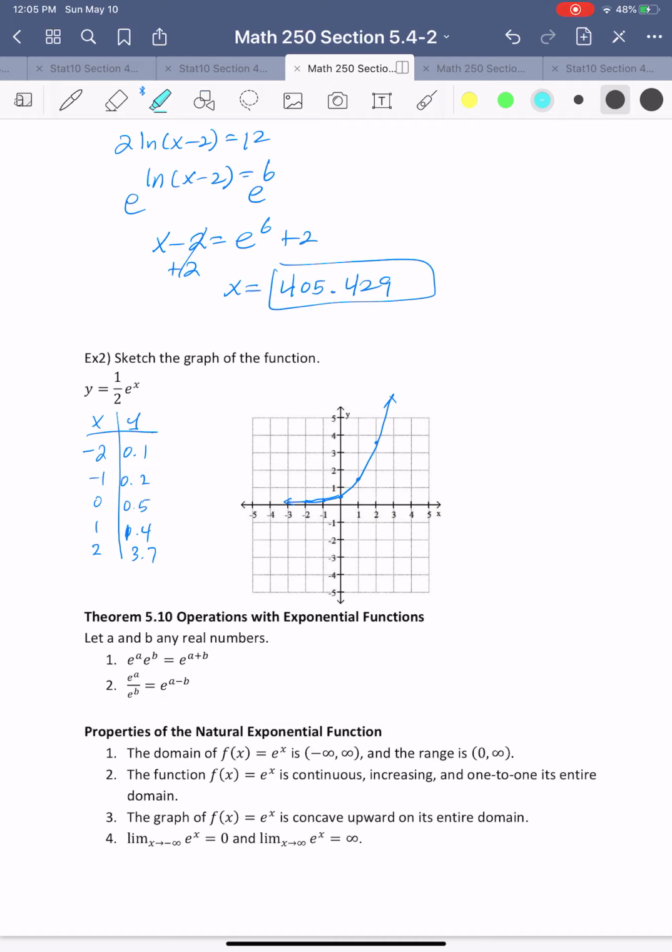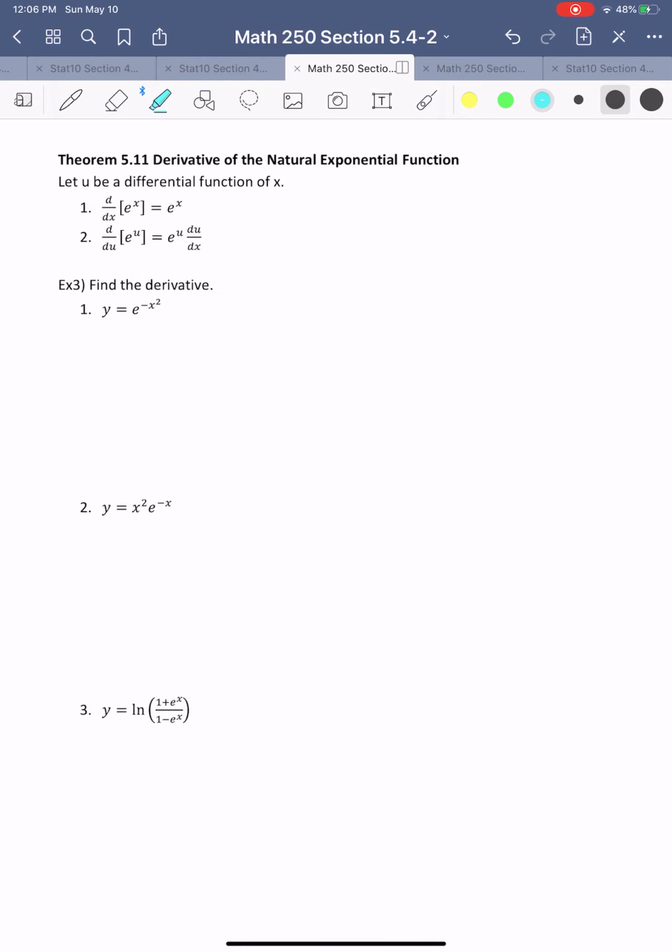The domain of the exponential function is always all real numbers, and the range is 0 to infinity. The function f of x is a continuous, increasing, one-to-one function on its entire domain, and always concave upward. When x goes to negative infinity, it goes to 0, and when x goes to positive infinity, it goes to positive infinity.